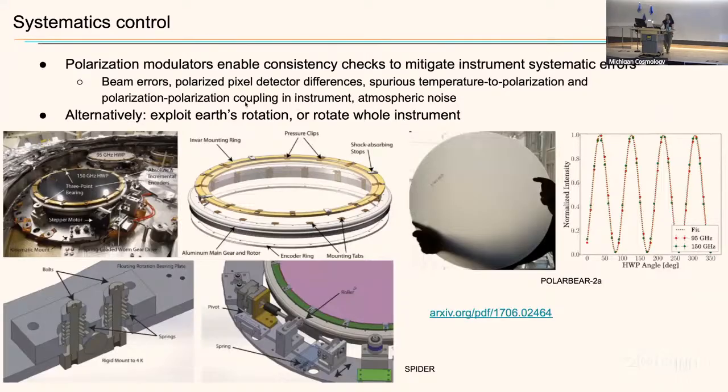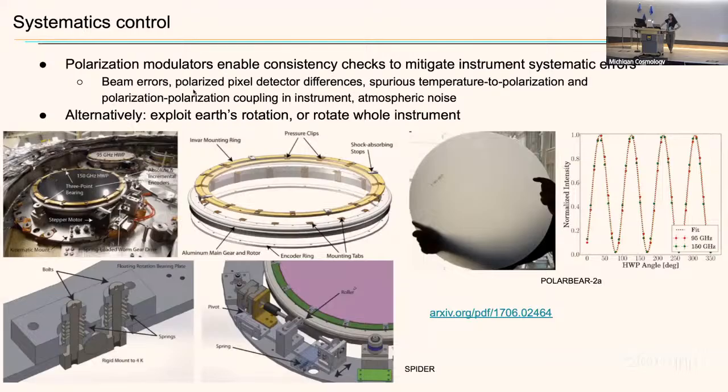One such device is a polarization modulator, and this creates a consistency check by injecting some repetitive signal into your instruments where you can mitigate systematic errors that might be present from your instrument. This includes things like beam errors, if you have some polarized pixel detector differences, or the temperature to polarization leakage that might take place in your instrument, as well as polarization coupling and atmospheric noise that might be polarized.